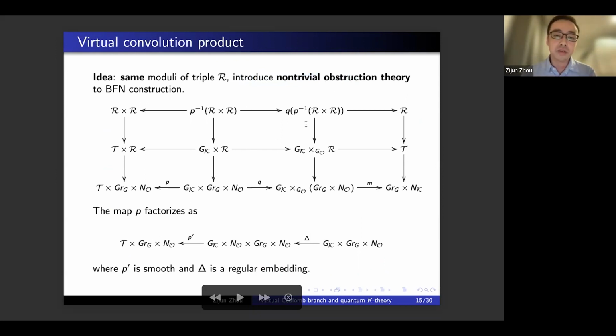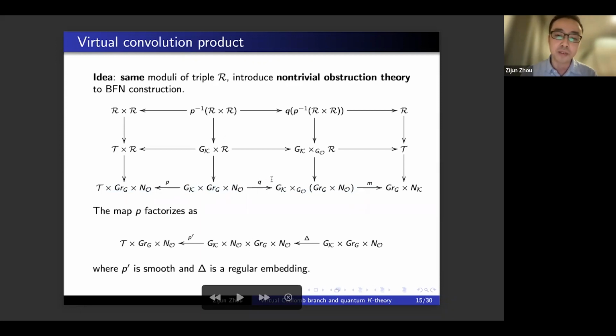This is again the convolution diagram in BFN's construction. If we look a little bit more in detail, we can extend this diagram to the third row, and we factor this map p into p' and delta.